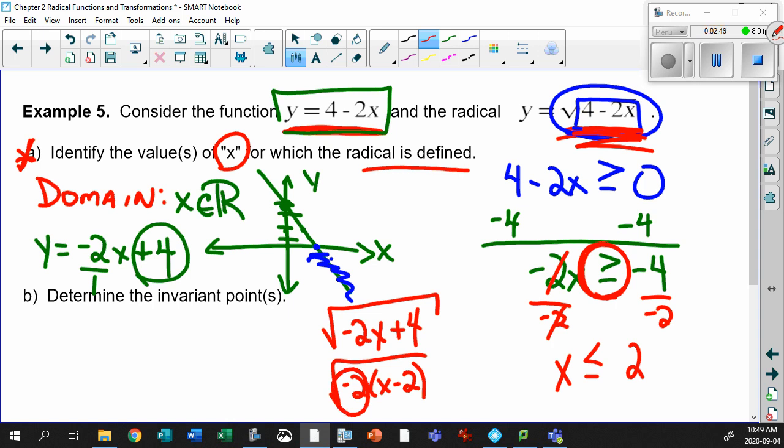You got a horizontal reflection and stretch. And guess what? It's moved over 2 units to the right. So if you think about it, this was right here at positive 2, which is defined by here. Don't forget this is a horizontal reflection, so you're going to go out that direction.